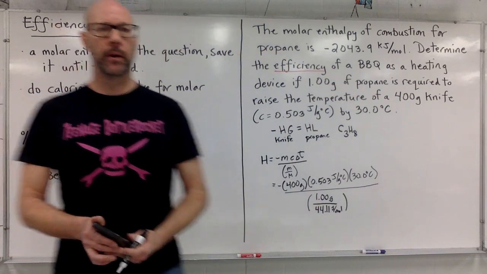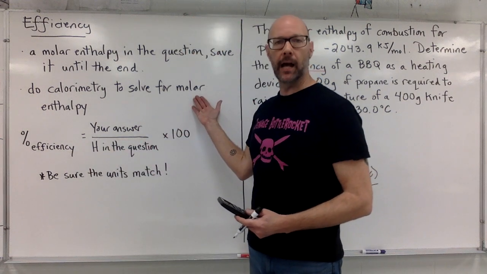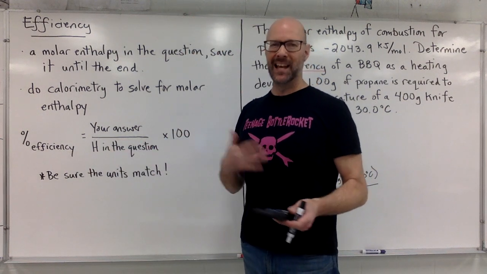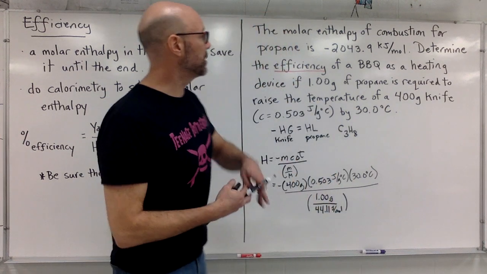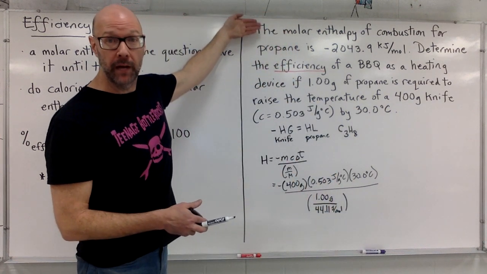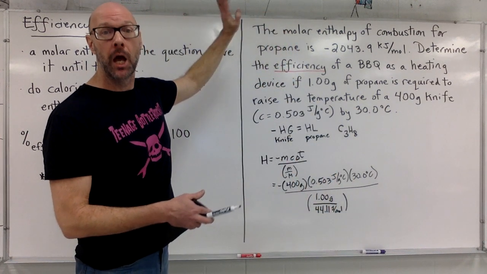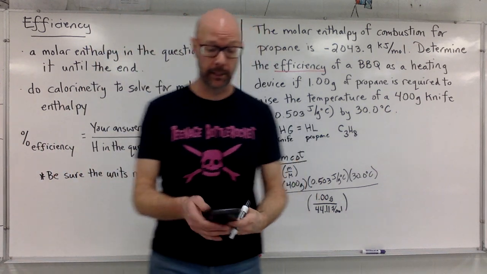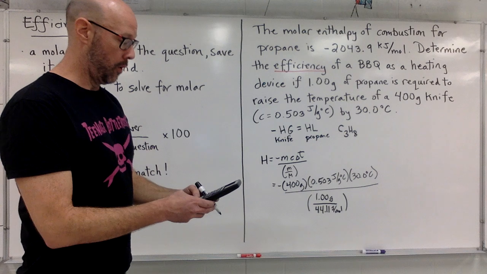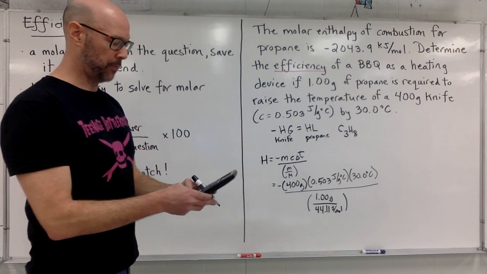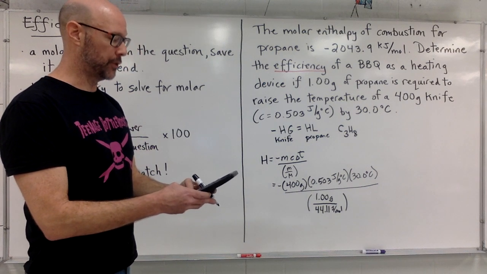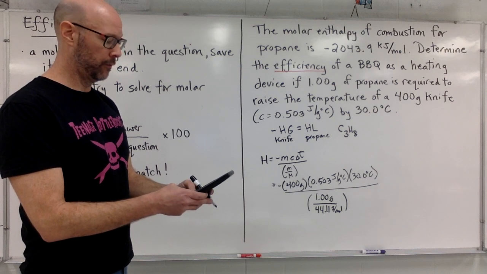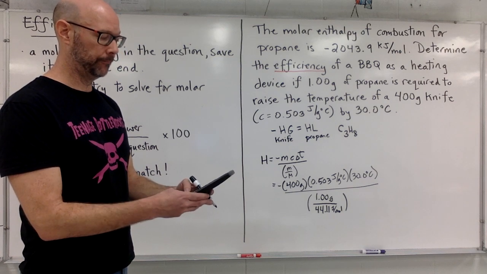I set up my calorimetry calculation to solve for the molar enthalpy of propane. This is a little bit weird because it told me the molar enthalpy of combustion of propane in the question, but I'm saving that number until the end. Let me calculate. 400 times 0.503 times 30 divided by 1 over 44.11.